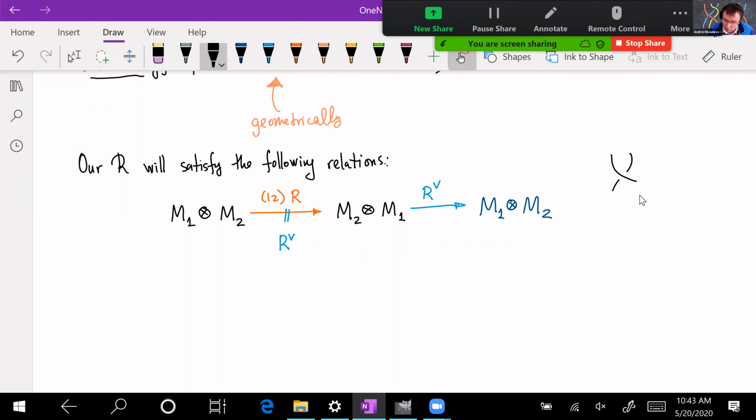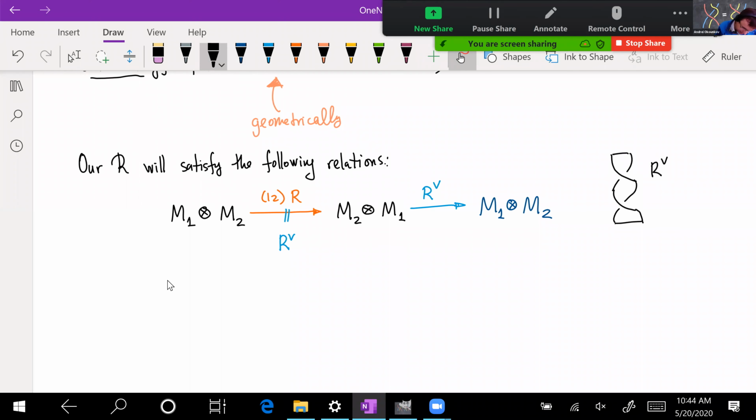This is like a braiding. It's like applying R check once, and then you braid again. It's like I have a ribbon and you twist it. Typically this is non-trivial, but in our case, this in fact will be 1. So this is the identity.